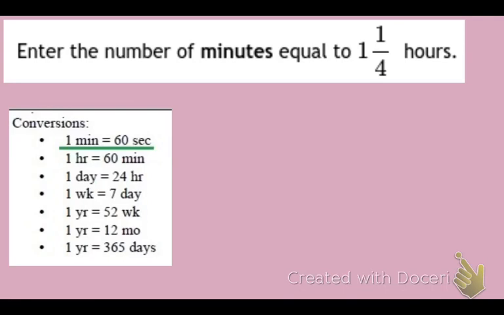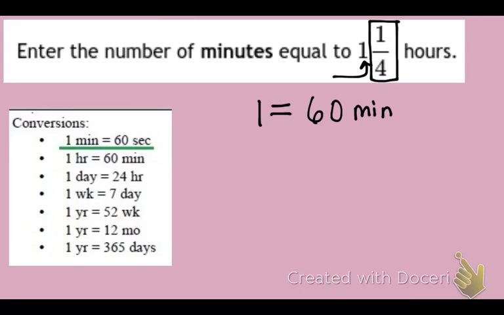All right, guys, let's see how we did. So first off, I told you to go ahead and take this whole number of 1. This 1 is equal to 60 minutes. Now we're going to take this fraction portion of the mixed number, the 1/4. We are multiplying that by 60 minutes. 1/4 of an hour is equal to 60 over 4.